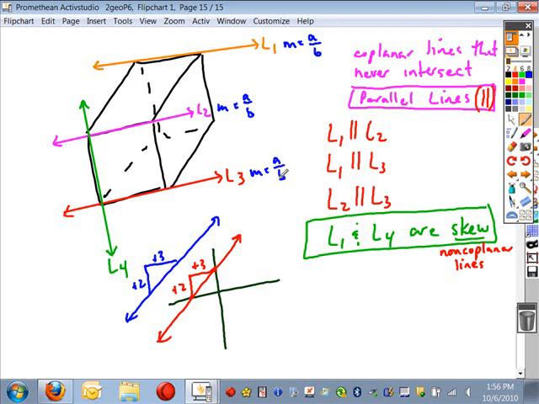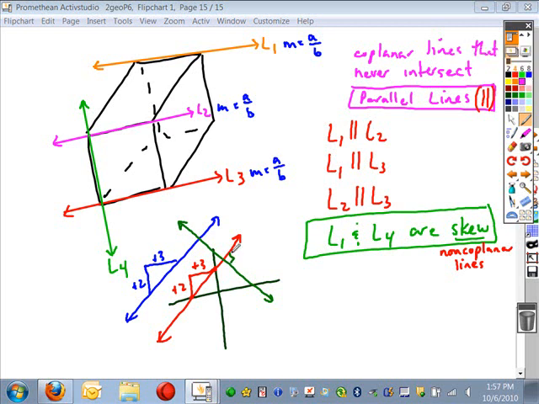Okay, now, as soon as you create what we just constructed, which were perpendiculars, when you're dealing with perpendiculars, does anybody know the way that the slopes have to relate when lines are perpendicular?